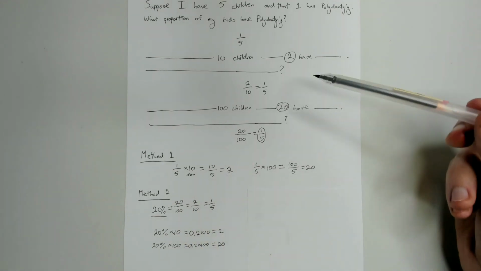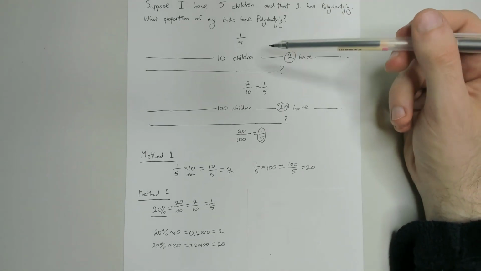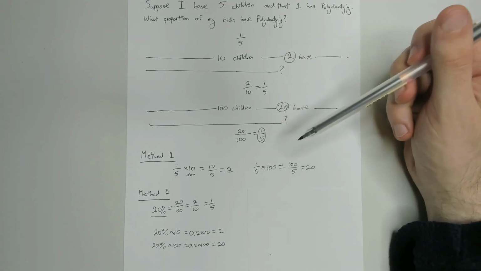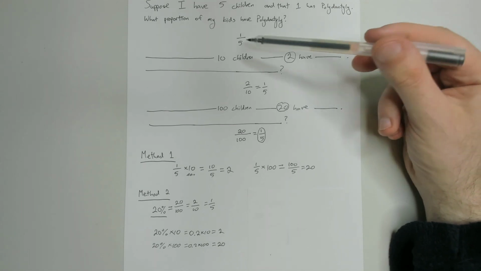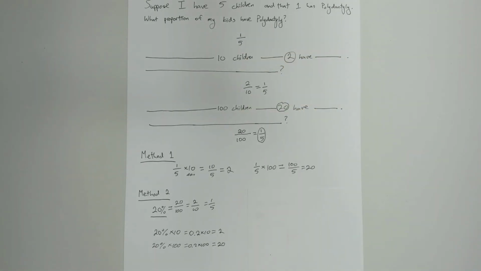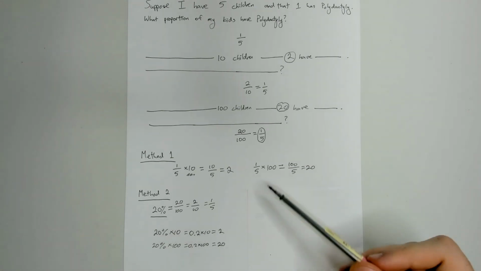Both of these methods allow us to recover the actual amount of kids that have polydactyly, given a certain total. Since percentage can do the same thing, and since percentage is a standardized proportion that the general population is more comfortable dealing with, I think 20% is more illuminating than using 1 in 5.